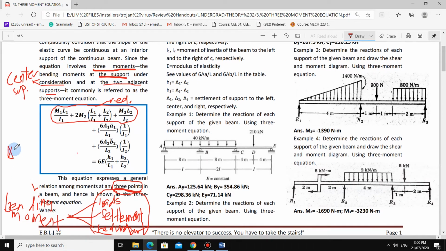So what this means, guys, is that it is due to redundant, again using this equation here.